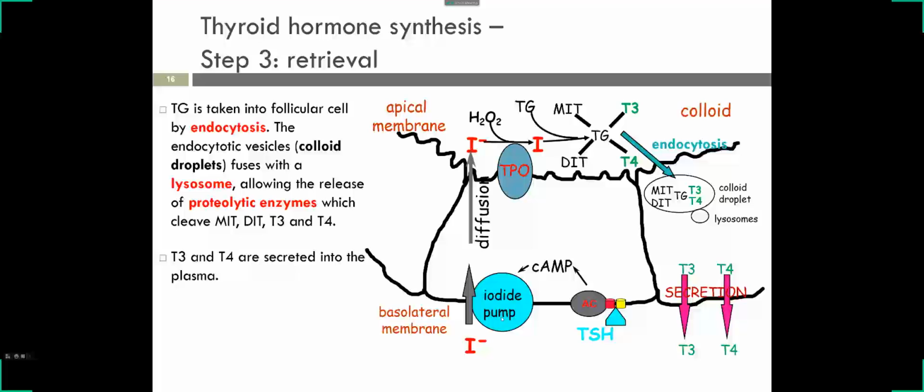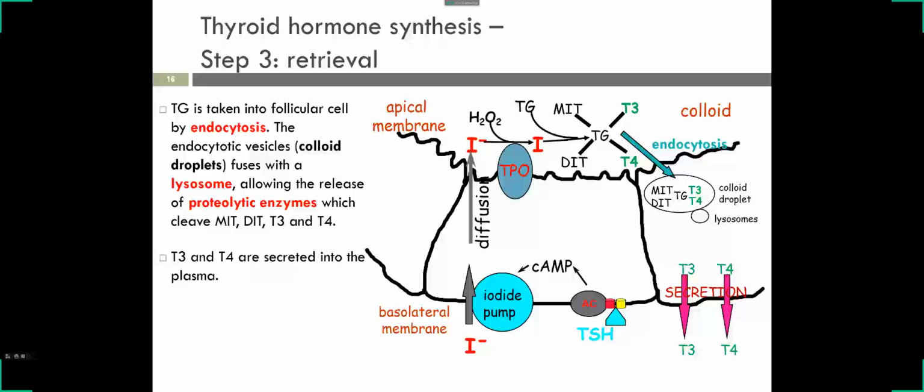This then frees T3 and T4, which will now be secreted into the plasma, the surrounding blood vessel that we talked about.